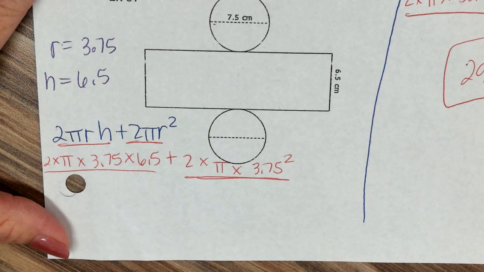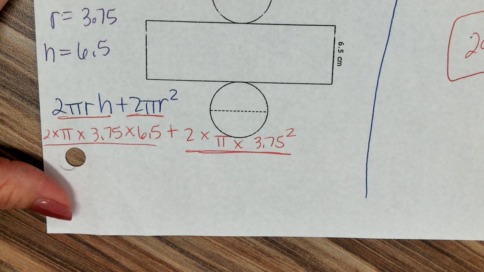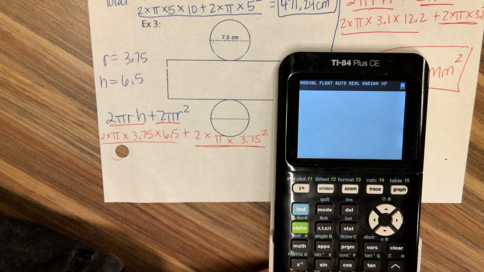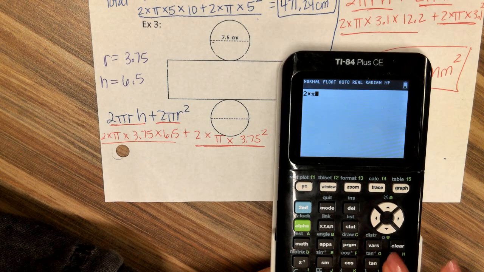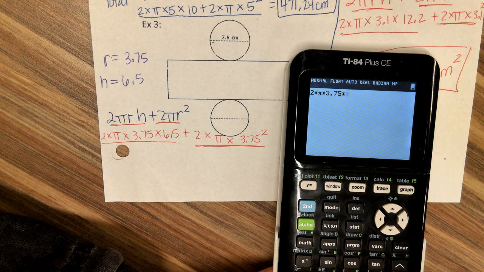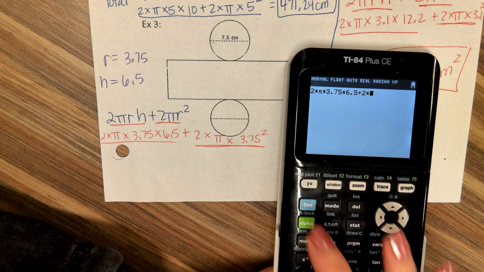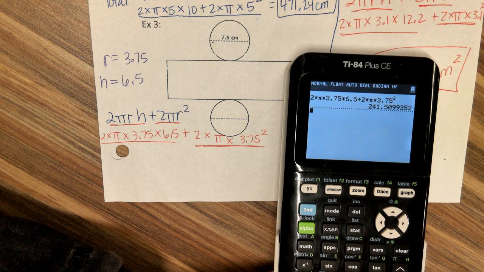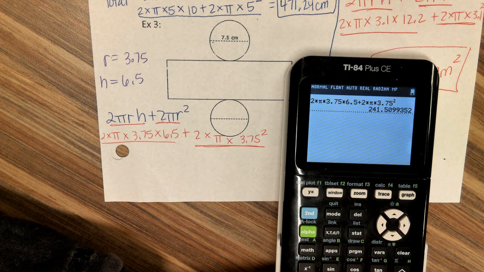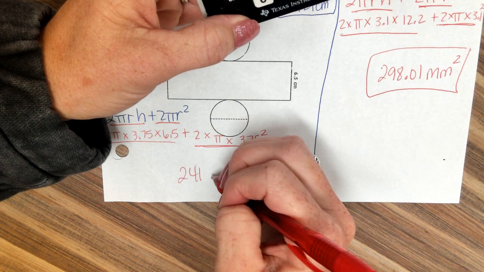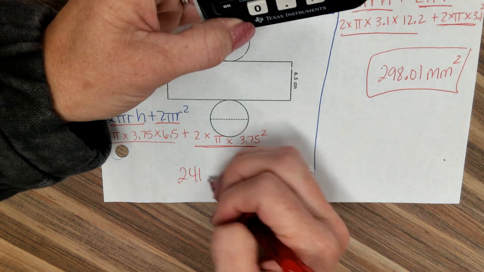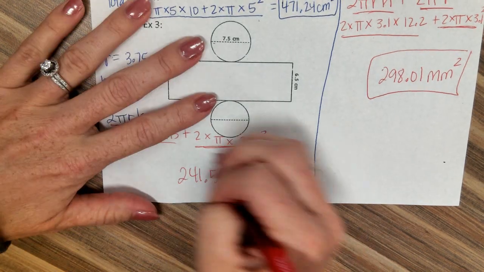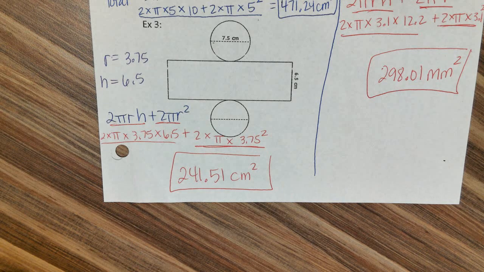That's this part. Yes? All right, now we go type it in. And did you get 241.51? 241.51 what? Centimeters squared.